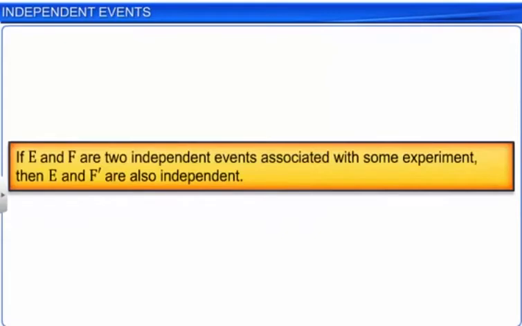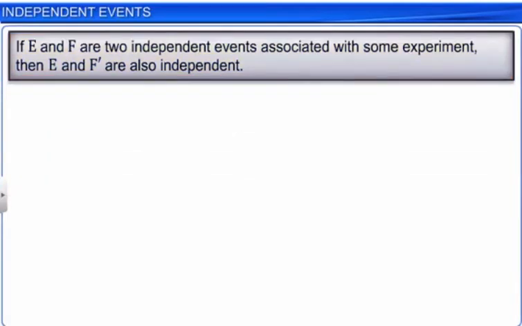Let's now look at some properties of independent events. If E and F are two independent events associated with some experiment, then E and F complement are also independent. Let's verify this property.